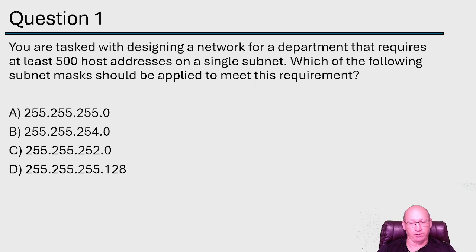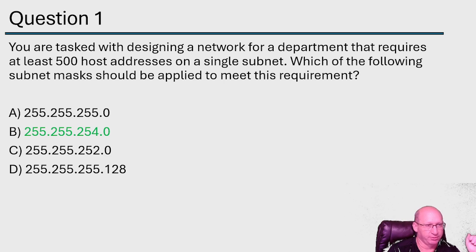Well, a /23 gives us 512, right? And that gives us 512 minus 2. That's going to give us 510. 510 exactly. And so B would be our correct answer on that one. B is all we need associated with that. And there we have it. There's B. All right, moving on.